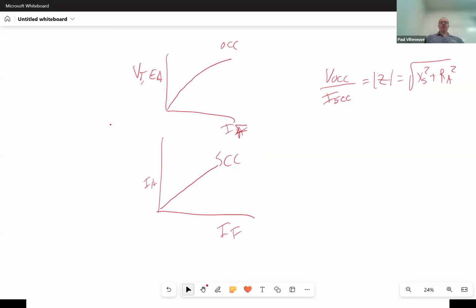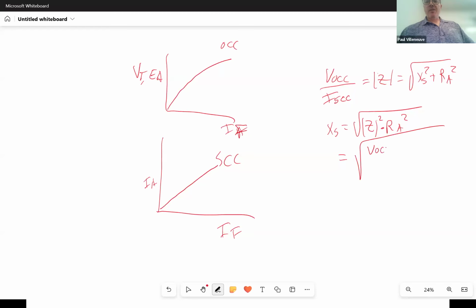And the magnitude of that Z is going to be equal to that value squared. So if I want to solve for XS, that's going to be equal to the square root of Z magnitude squared minus, not plus, RA squared, which really just means XS is going to be equal to V open circuit divided by I short circuit, that quantity squared minus RA squared. All right.